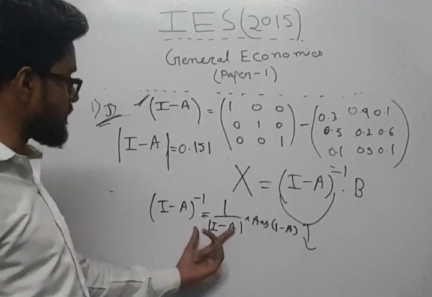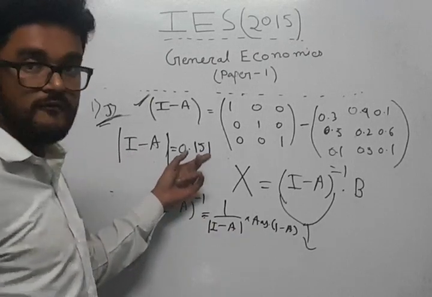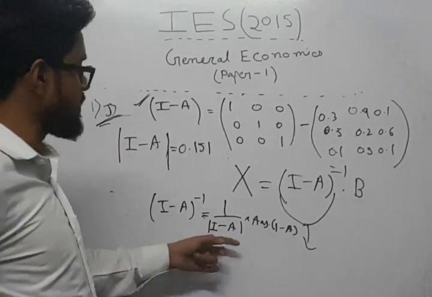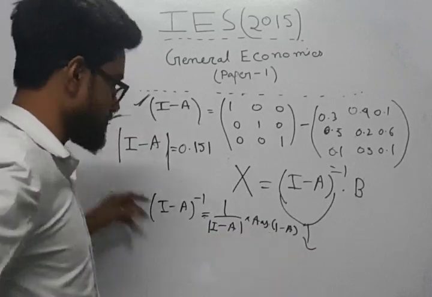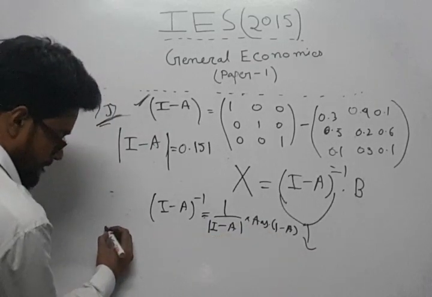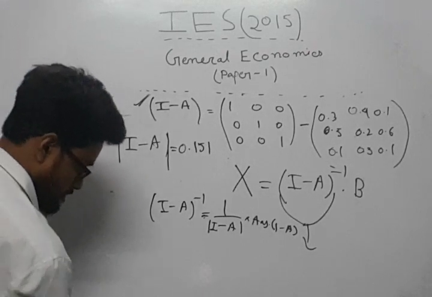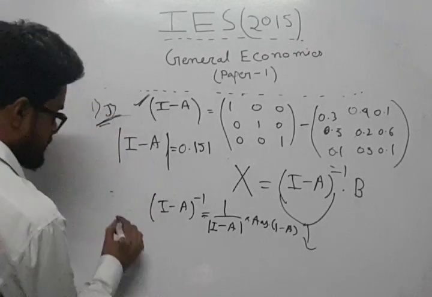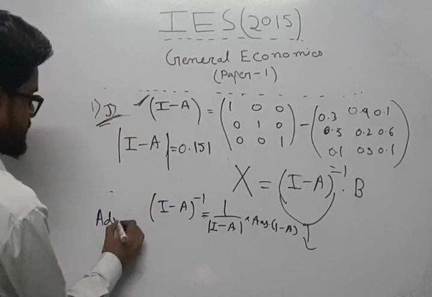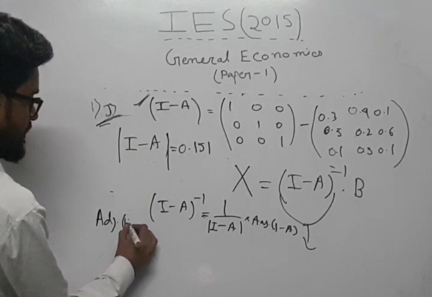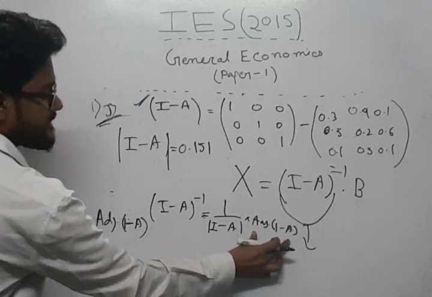We have found the value of this to be equal to 0.151. We have already found it. And now we have to find this term, which is adjoint of (I minus A). So we have to find this value now.